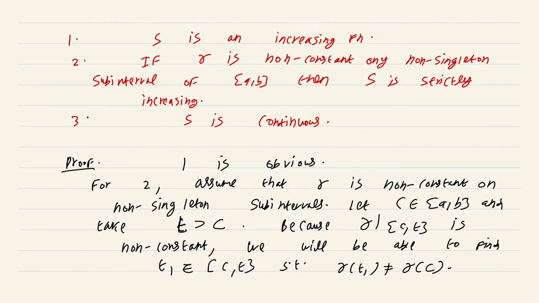In fact I want this to be in the open interval (c, t), not just the closed interval. If this were not true, then for all t1 in this interval we have gamma of t1 equal to gamma of c, which contradicts the assumption that on non-singleton intervals gamma is non-constant.